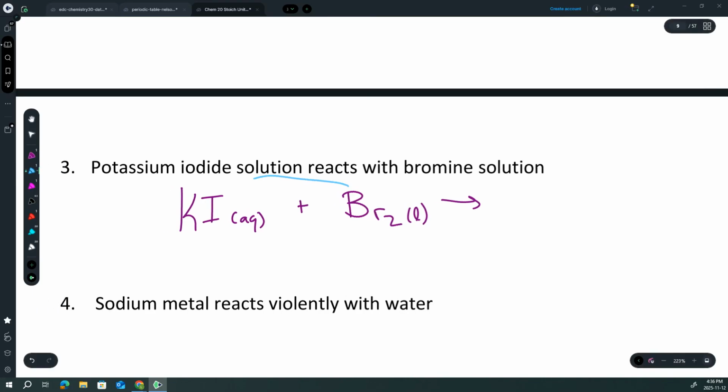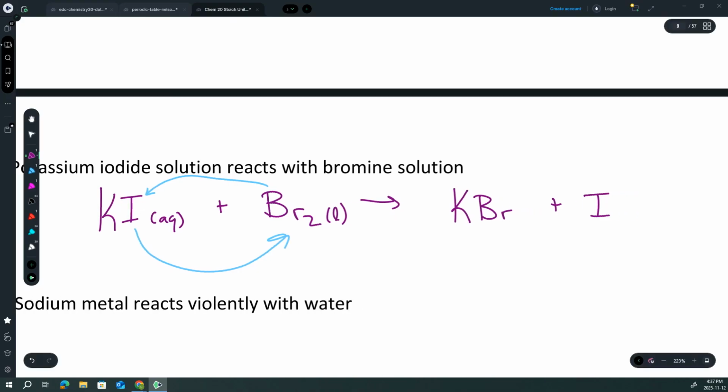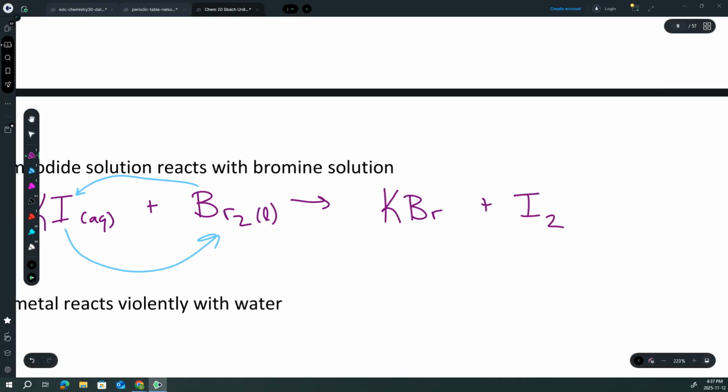Negative switches with negative. So bromine and iodide, they're switching spots. So we're going to get potassium bromide. So potassium has a +1 charge, bromide has a -1 charge. That's already balanced. Plus iodide, and iodine is a diatomic element. So there's 2 of them.